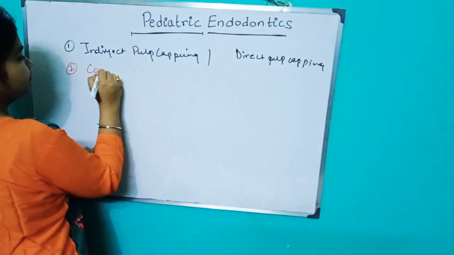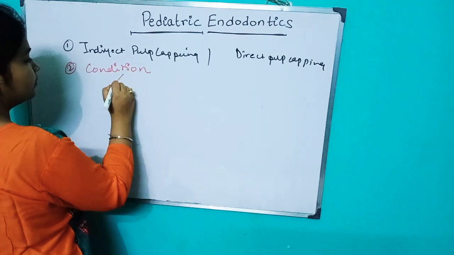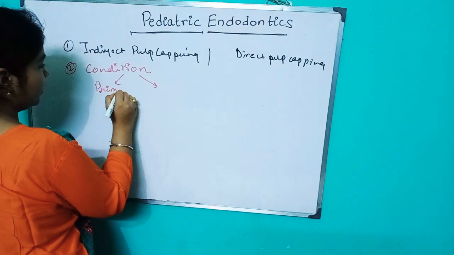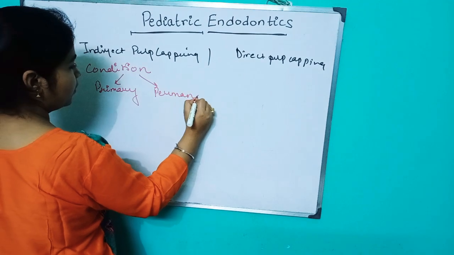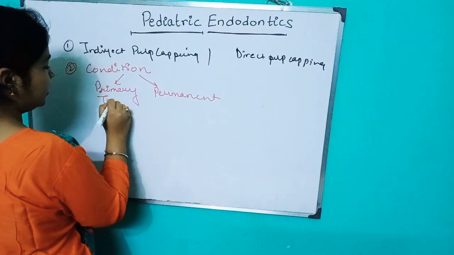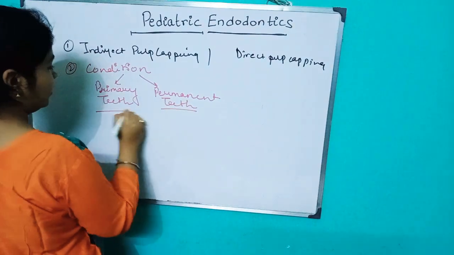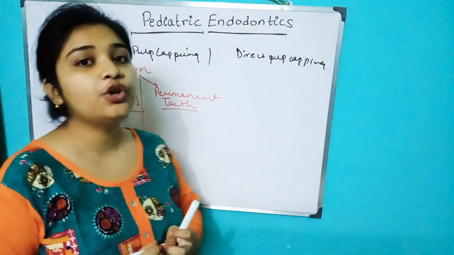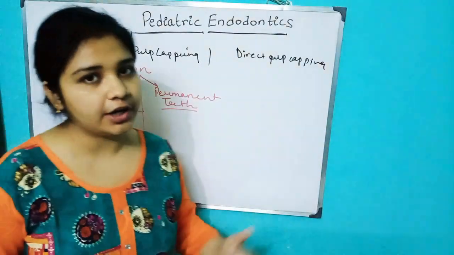Now, the second topic: conditions. In what way can I divide the conditions? As primary and permanent. In primary teeth the condition will be one thing, in permanent teeth the condition will be another. I have divided it into these two conditions, so I will explain one by one what the condition is and what the treatment will be.